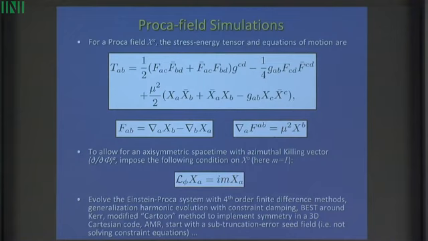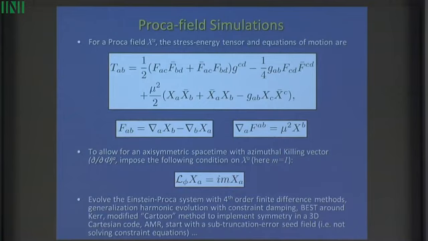So if you have a field in a cosine configuration and one in a sine, cosine squared plus sine squared is 1. If you carefully arrange the phases of the two fields, you can have a rotating configuration that's actually axisymmetric from the space-time perspective. So the stress energy tensor is axisymmetric even though there's angular momentum.